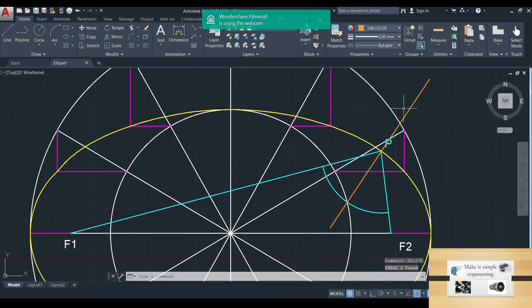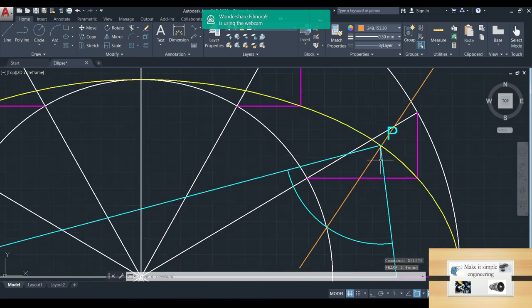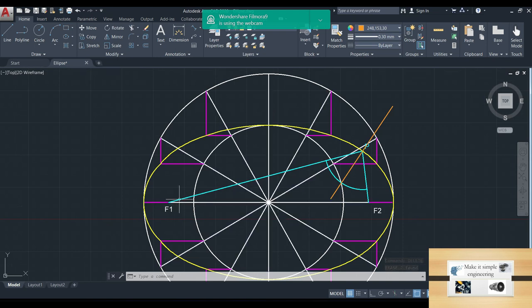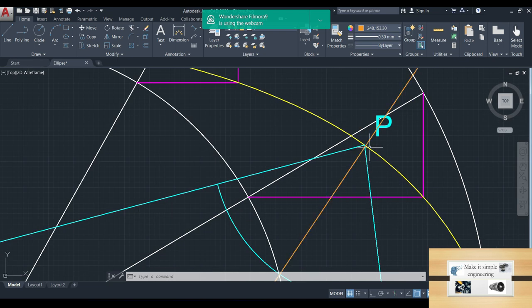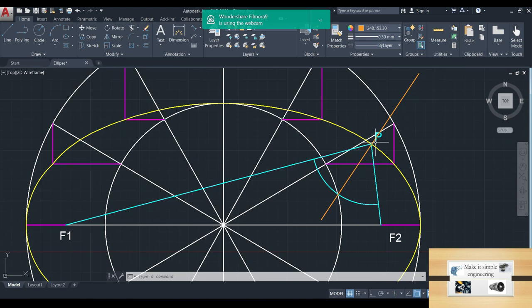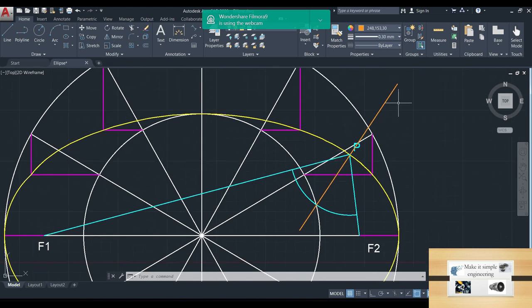So this line is considered as the normal, which is bisecting the angle F1 P F2, and if you draw a line perpendicular to the normal, it will be the tangent. You know that the tangent will only pass through one point of the curve.